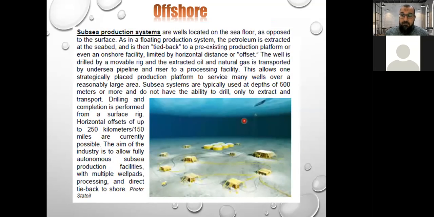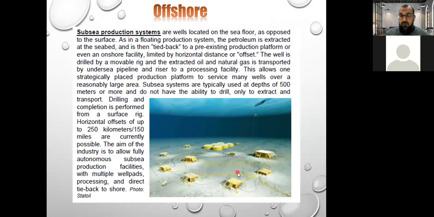The other facilities or systems in the offshore, we call subsea production systems. These subsea production systems are mainly for wells located on the seafloor, opposite to the surface.